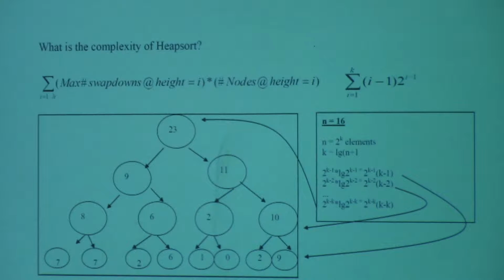When I exchange any of the bottom nodes into the root position during the sort, so 8 times I will have a swapping which goes 3. Make sense? And then 4 times I will have swapping that goes 2, and 2 times I will have swapping of 1, and 1 time I will have swapping that goes 0.